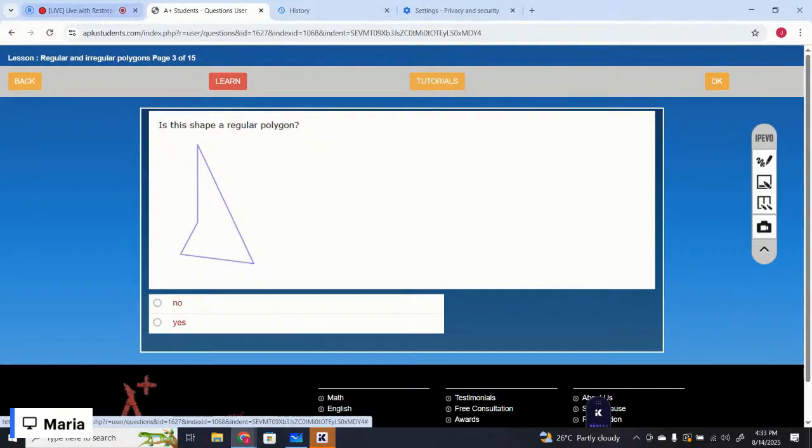Is this shape a regular polygon? No, that is not a regular polygon. Option number one is the correct option.